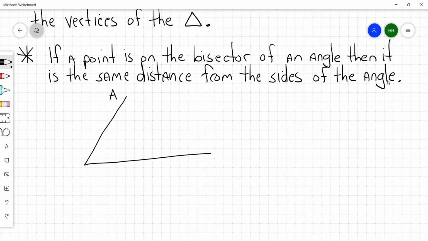and we got angle ABC, and if you put your pencil on point B and you draw a ray coming out of B that splits this angle in half, put point D on it.